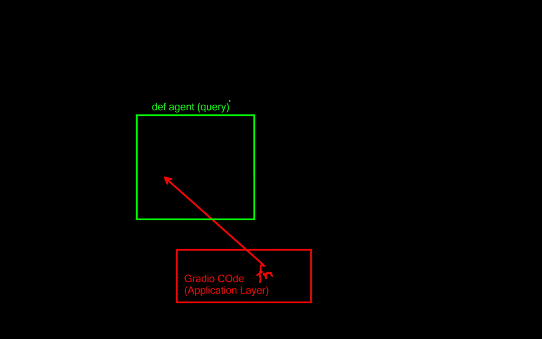Now, this function will have different logic, right? Consider past memory, tool routing logic, correct?